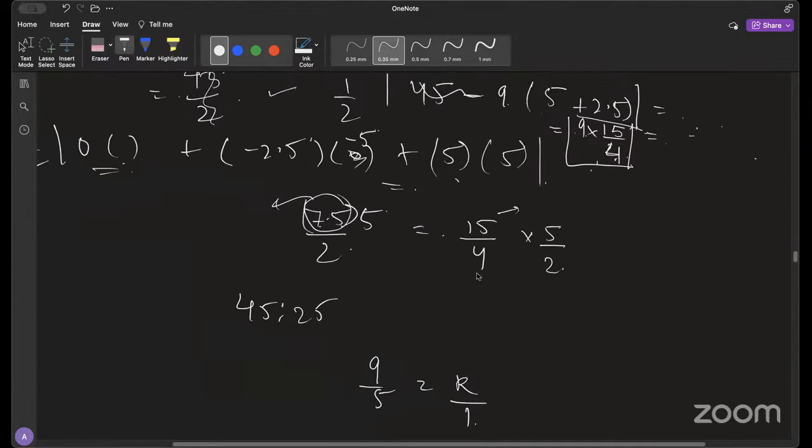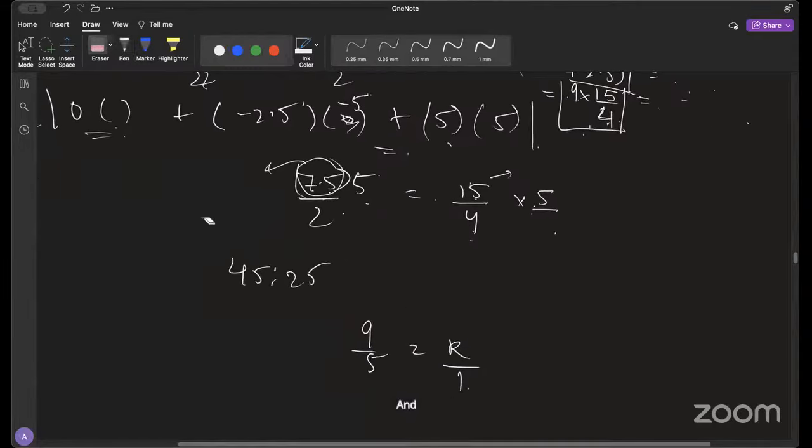And here it is 15 by 4, this entire thing, and then 5. We don't get a 2 here then. 15 by 2 for 7.5, then a 5, and then 2. So this is 15 by 4 into this.